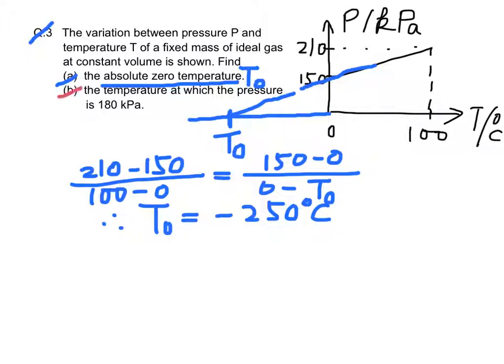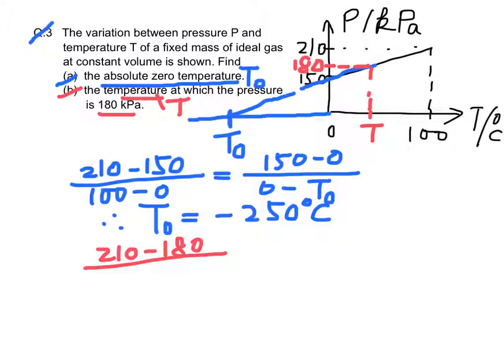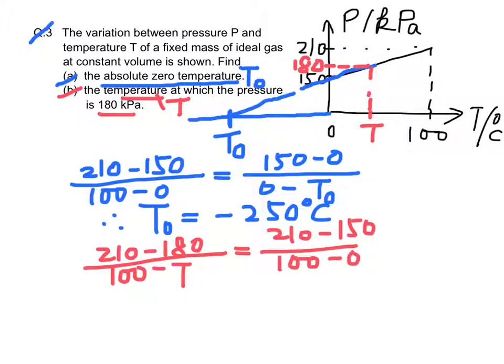Let the temperature at which the pressure is 180 kilopascal be T. We can use the slope to find T. For example, (210 minus 180) over (100 minus T) equal to (210 minus 150) over (100 minus 0).